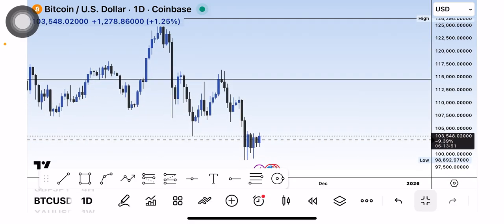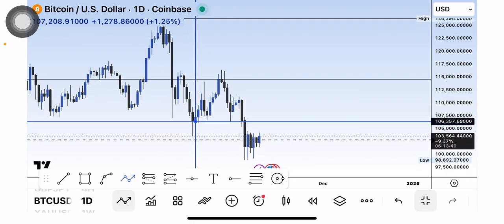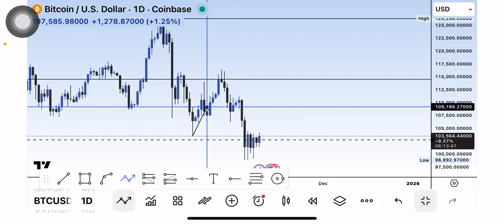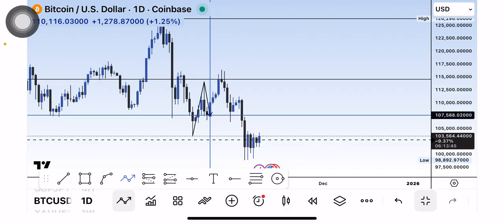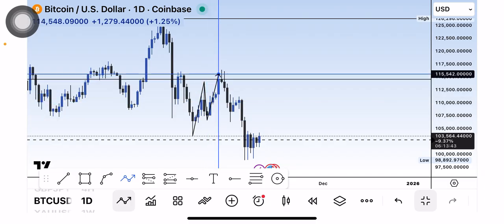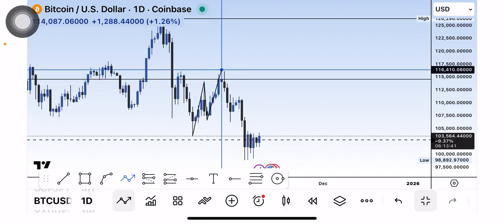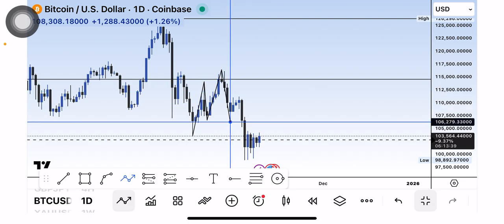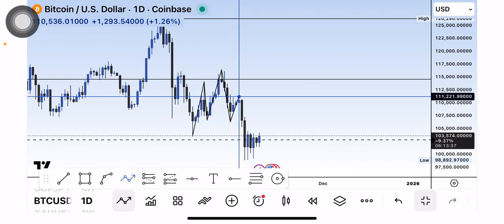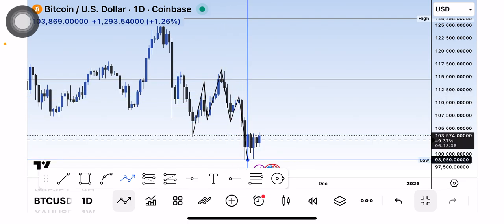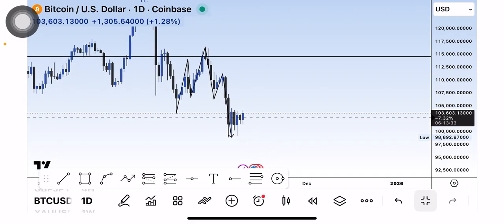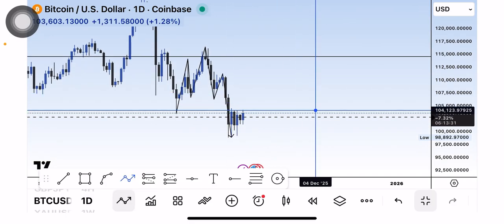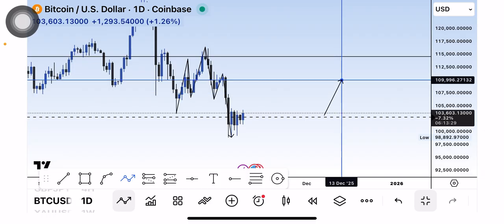Now market gave us this high, low, high here, then created this low, another high before this low. So this is what BTC is creating.